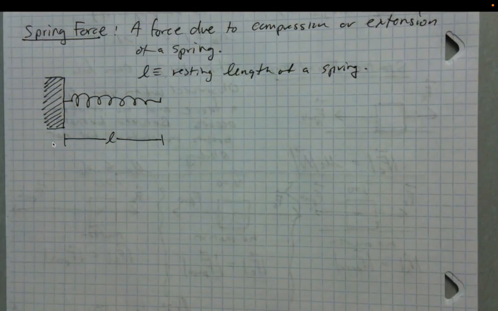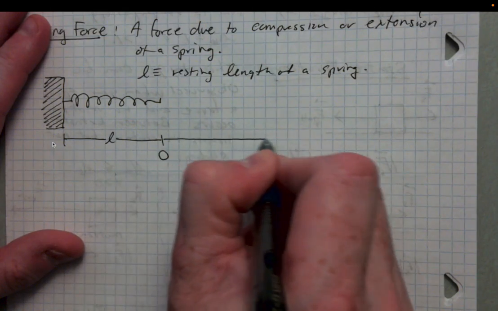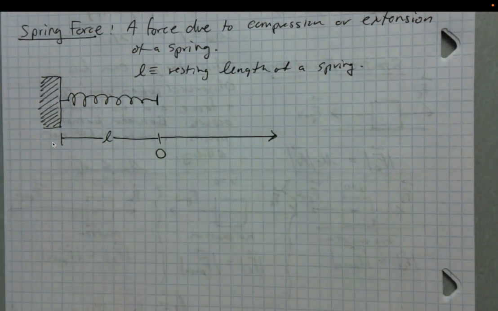A lot of times we'll coordinatize the spring based on its resting length, so we'll set 0 equal to the end of the spring when it's sitting at its resting length.